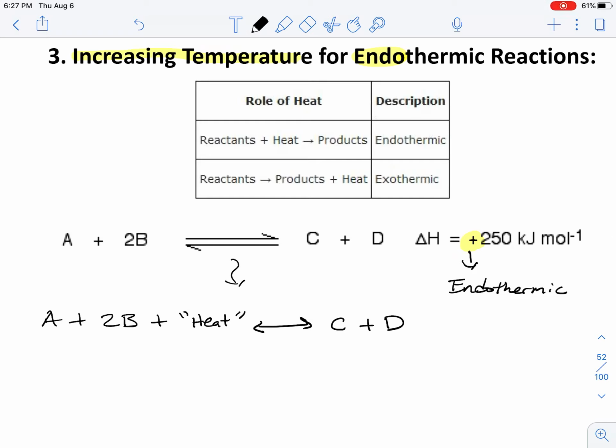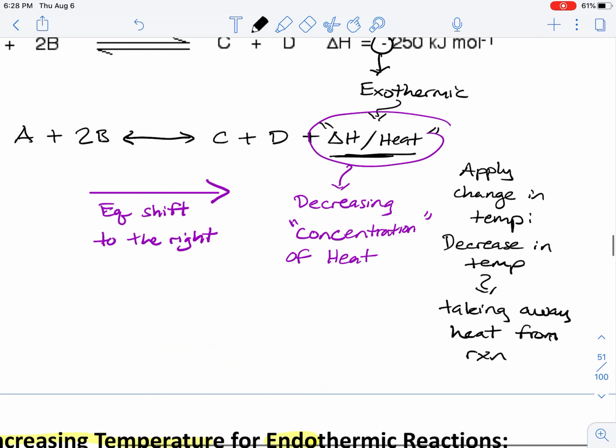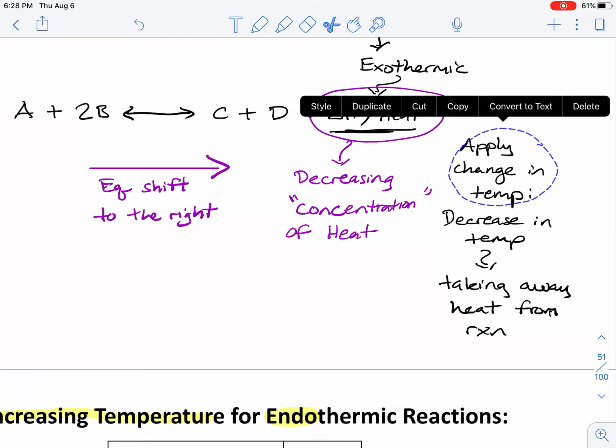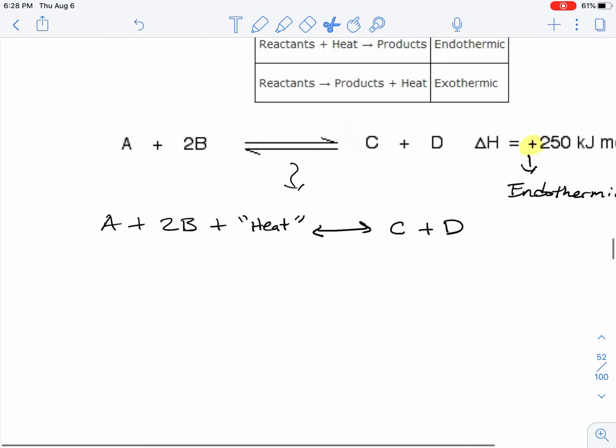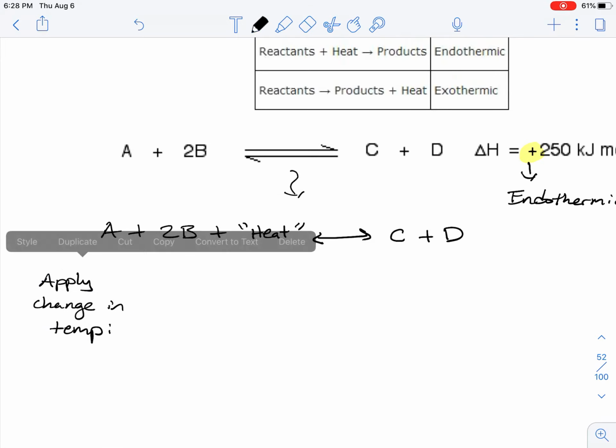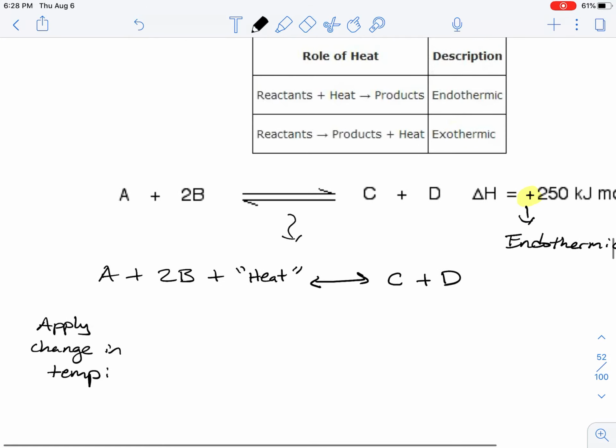After you incorporate heat into your chemical reaction, you can apply the change in temperature. I'll copy this and paste it here. We're going to apply the change in temperature, which in this case is an increase in temperature.